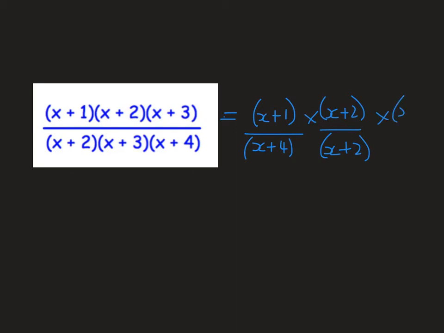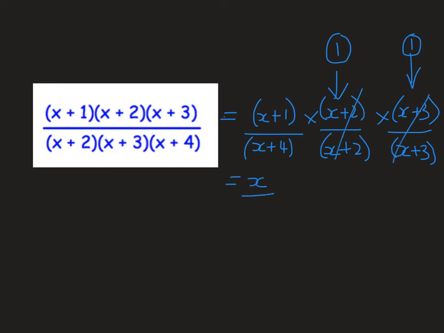And same here, x plus 3 and an x plus 3 at the bottom. Well, those second sets of fractions, something divided by itself, that's just 1. That's just 1 as well. So these just disappear. So I'm just left with x plus 1 over x plus 4.